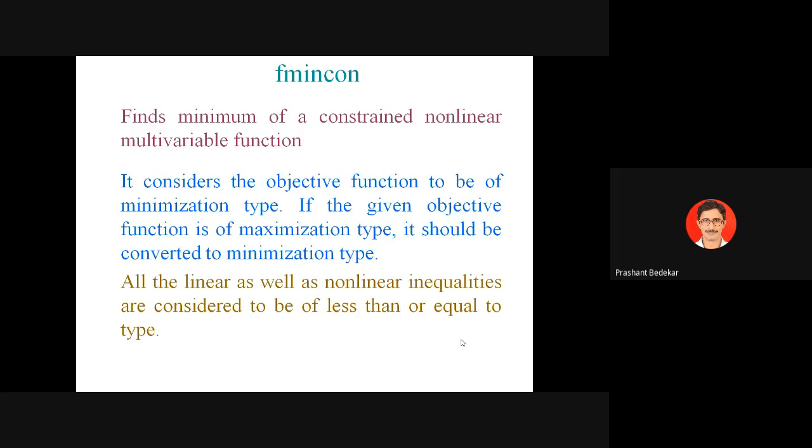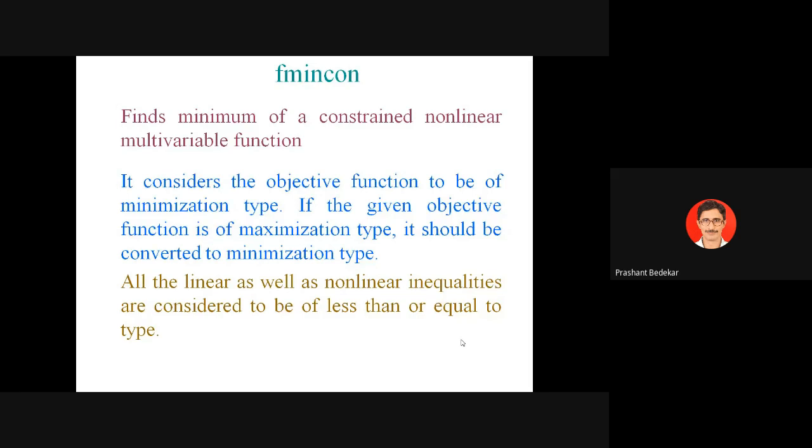Now, a non-linear optimization problem doesn't mean that everything will be non-linear. A non-linear optimization problem can have 4 types of constraint. The major categories are inequality and equality. Under inequality, the problem can have a linear inequality constraint or a non-linear inequality constraint.